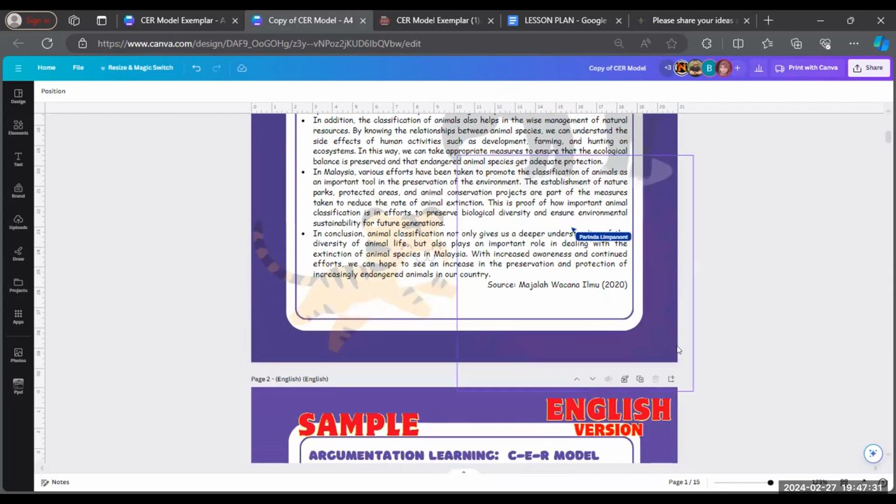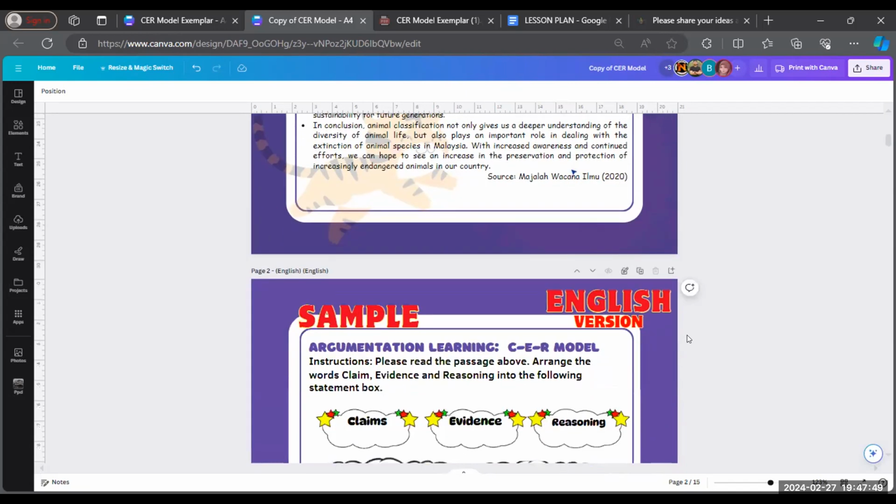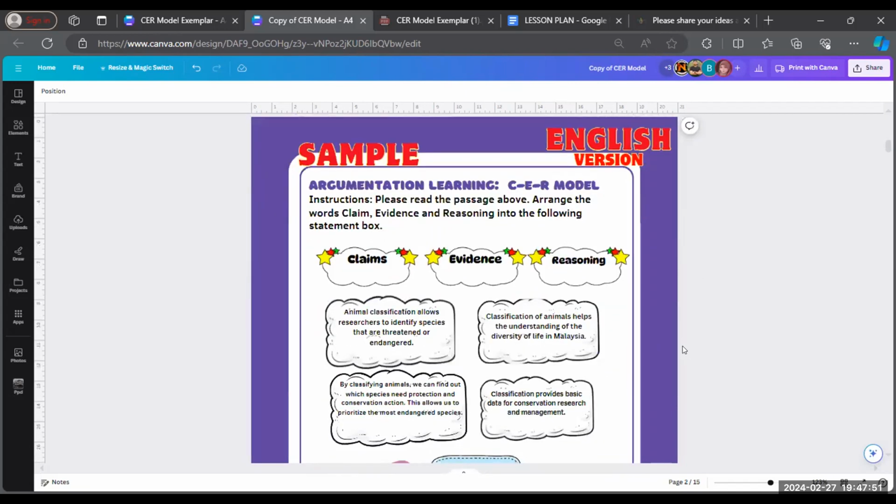Actually, this worksheet, we have to write it in Malay, but because today is the presentation, we have to translate it into the English version. And this is the sample of the first exercise.